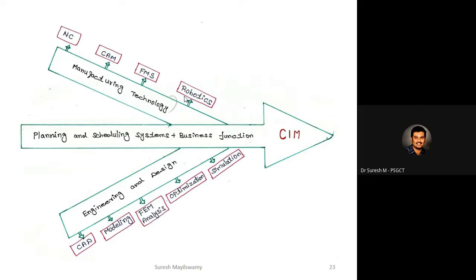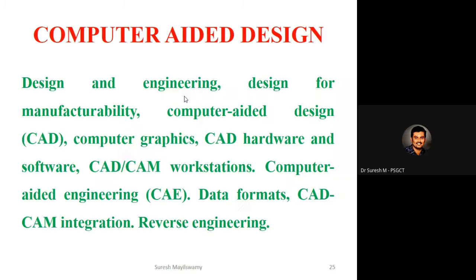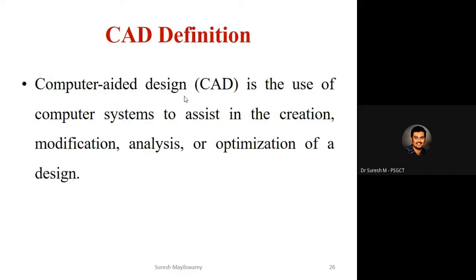Then we will move on to the first segment, called computer aided design. In this segment, we will see what design and engineering are, design for manufacturability, computer aided design, computer graphics, CAD hardware and software systems, CAD CAM workstations, computer aided engineering, CAD CAM integration and reverse engineering. First I will introduce CAD.